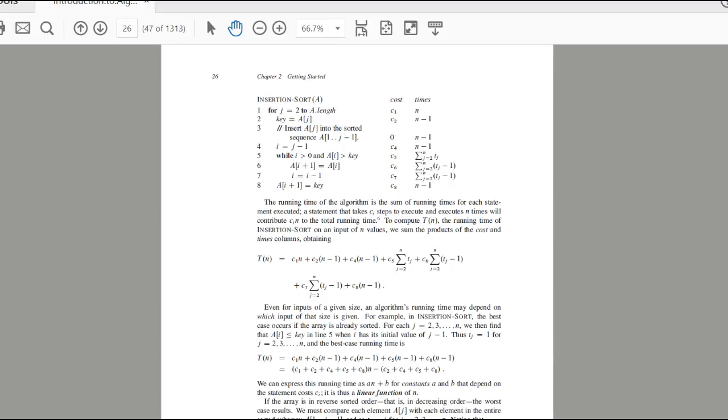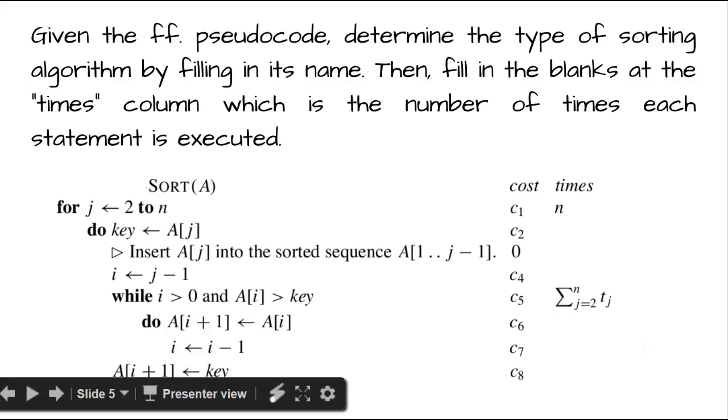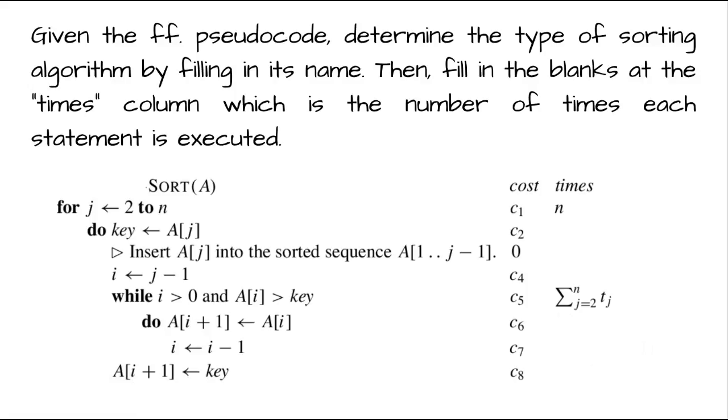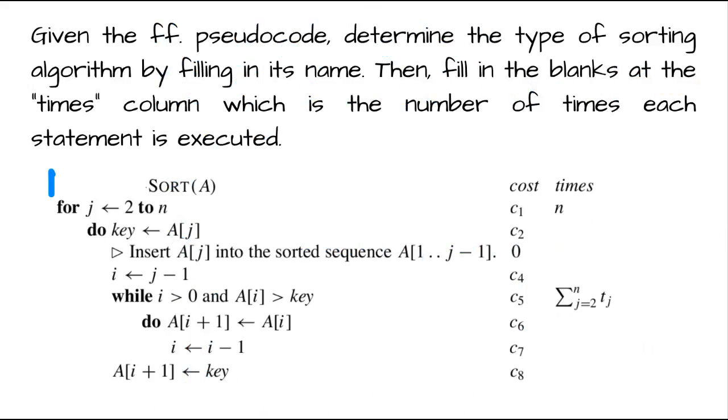So that's it. The answers for this problem: this is referring to an insertion sort. And the cost here is n minus 1, n minus 1, n minus 1.